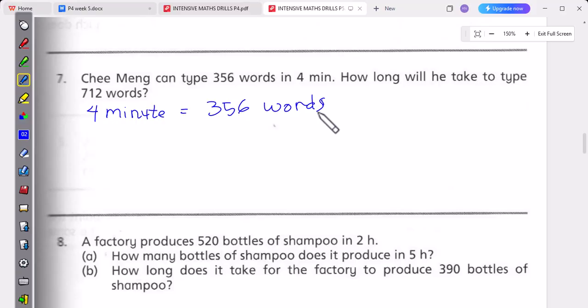This is the question, so the question must be written into the math model. 712 words equal to blank minutes.